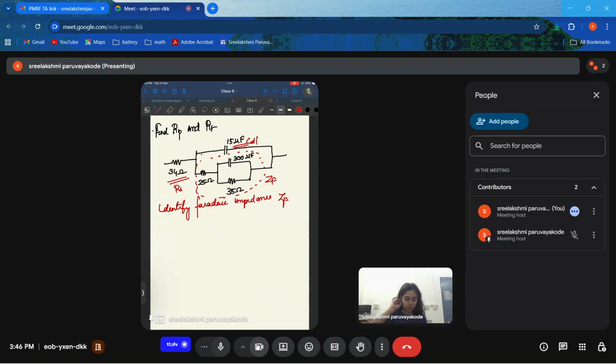Now for the equivalent circuit, I'm going to draw something like this: RS, CDL, this is R1, this is R2, this is C2.